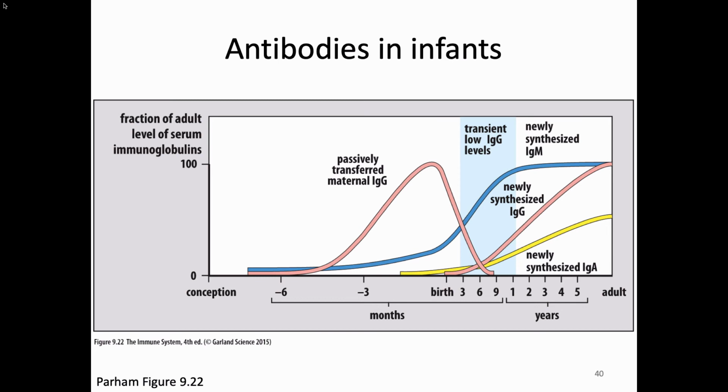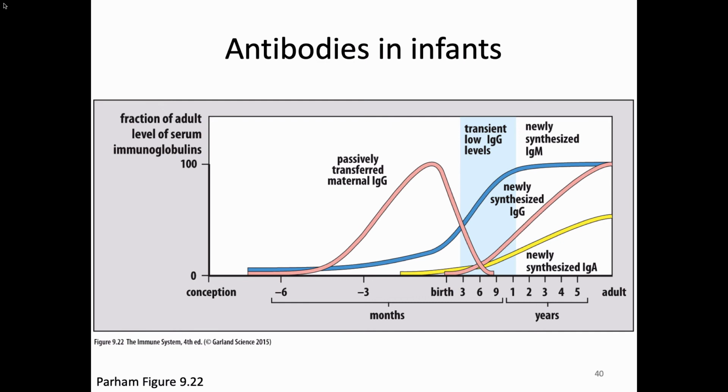It would clear the vaccine. It would destroy the vaccine before the vaccine could actually start to do something. And right when the baby's immune system is starting to do something. So you don't want to give it too early. Mom's IgG is going to destroy things. But you want to protect that baby from harm as quickly as possible. And so this sort of information is a big reason why the vaccine schedule is set up the way it is.